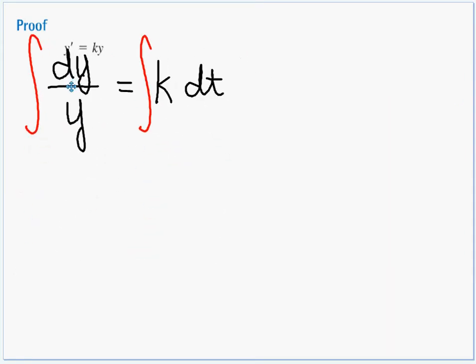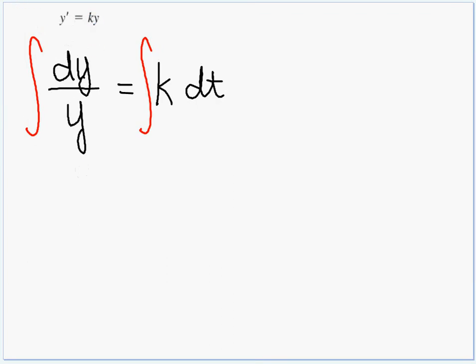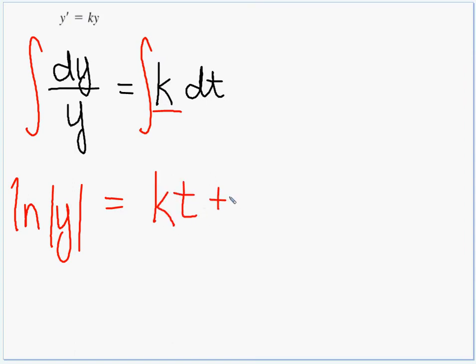On the left side, this form should look familiar. Dy over y, or y prime over y, or u prime over u. The left side will antiderive to the natural log of y. And we could put a plus c on there, but again, we're going to save that for the other side. When we antiderive k with respect to t, that's going to become kt plus our constant c.